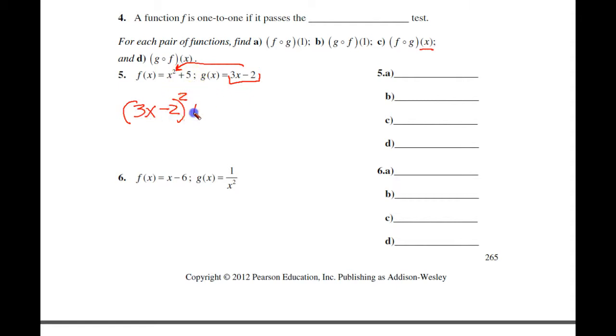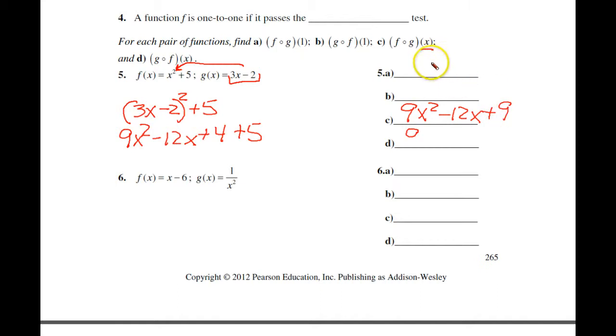And then we're going to add 5 to it. So squaring this is going to be 9x squared. Multiply these together, you get a negative 6x, double it, negative 12x. Square this, you get a plus 4. And now we add our 5. So for letter C, 9x squared minus 12x plus 9. And you recall this was 6 and 16.